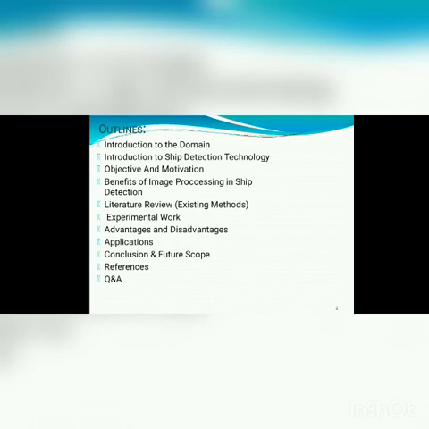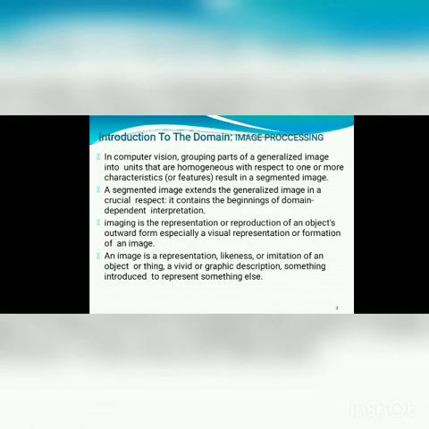Let's start with the introduction of the domain, that is image processing. We know that in computer vision, grouping parts of a generalized image into units that are homogeneous with respect to one or more characteristics results in a segmented image. The segmented image extends the generalized image in a crucial respect. It contains the beginnings of domain and domain dependent interpretation.